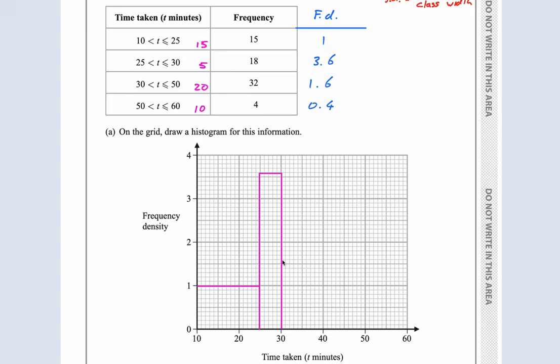So I go to 1.6. And 50 to 60 is 0.4, like this here. Okay, so that's the histogram, guys. You can shade it in if you want. Don't have to. Okay, that is the histogram.